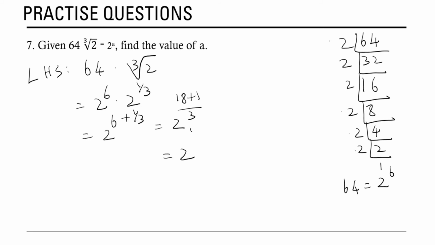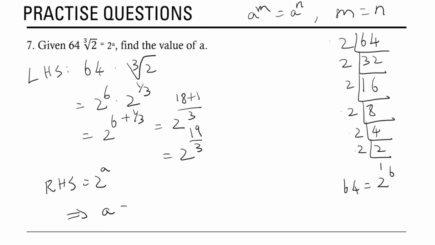It is 2 raised to 19 by 3. And our right hand side is equal to 2 raised to a. If a raised to m is equal to a raised to n, then m equals n. So we have 2 raised to a is equal to 2 raised to 19 by 3, which gives a is equal to 19 by 3.